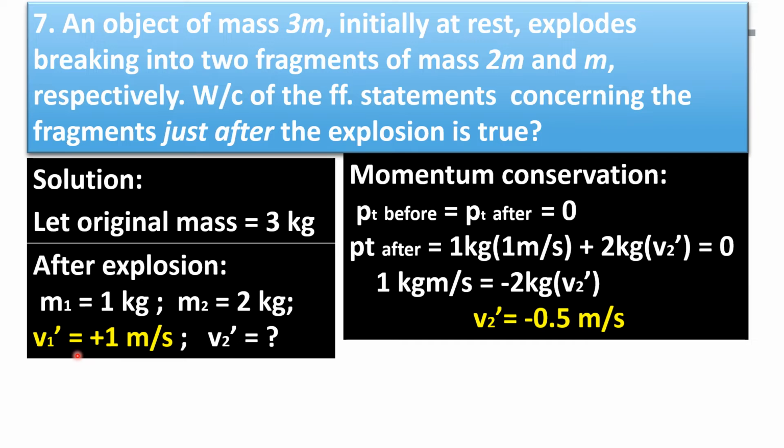Since we assume that the smaller mass would be having a positive velocity after the collision of 1 meter per second, then logically the other body would have an opposite velocity, which has a magnitude that is just half the value of that of the smaller mass. So this proves our answer earlier.